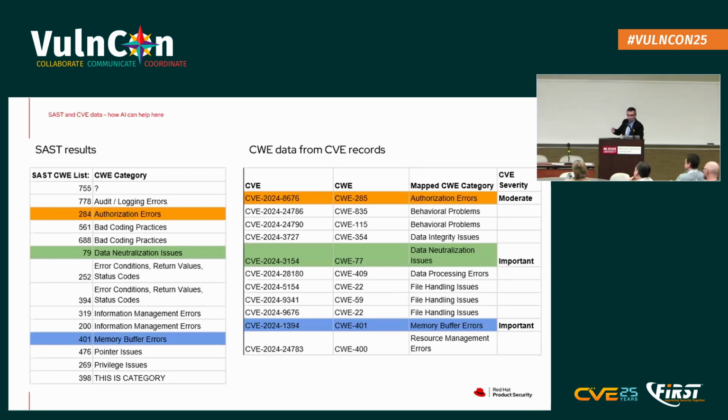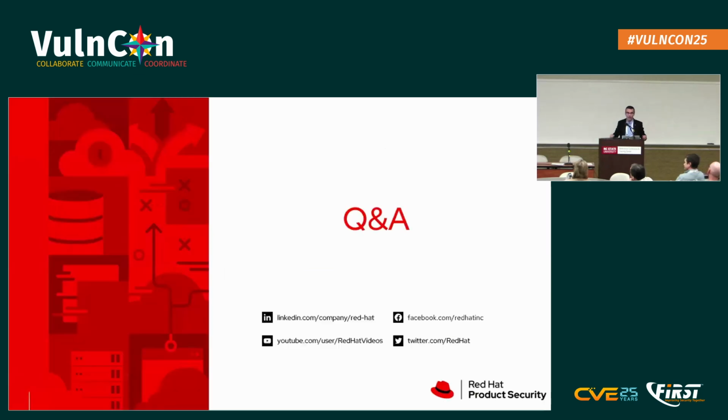So let's address those problems to avoid new CVEs related to exactly the same problems again in the future. So we just discussed two possible use cases for proactive and reactive vulnerability management that can work together. I was pretty fast. Now we have time for questions.